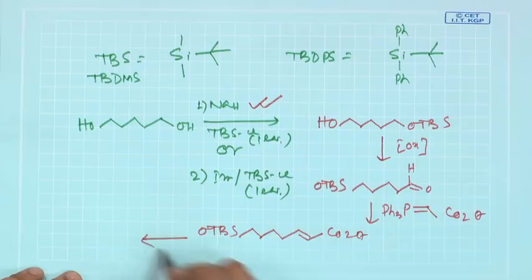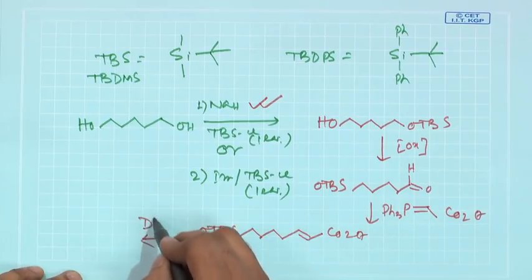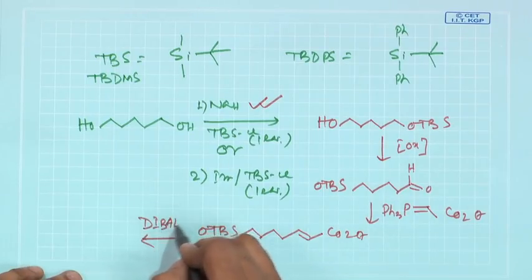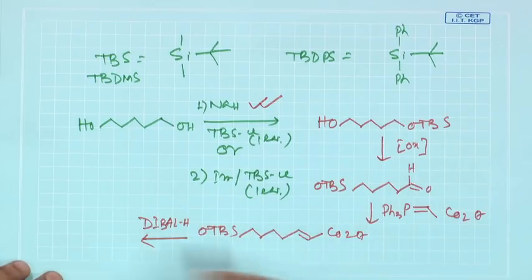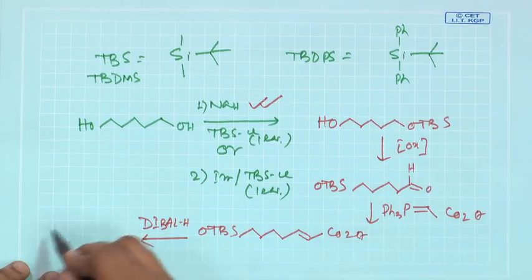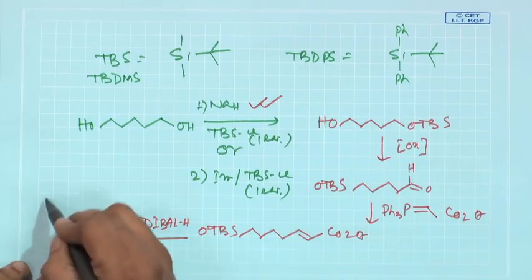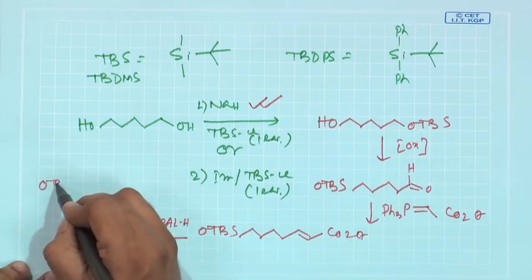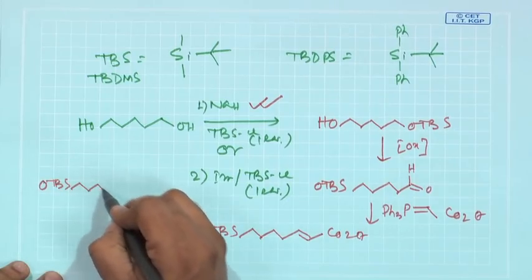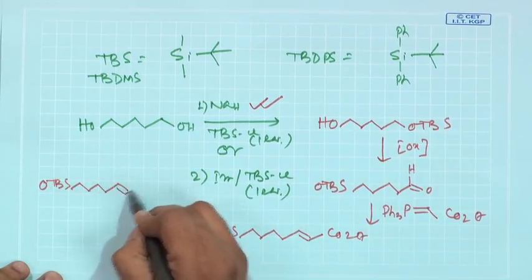Next, as I said, this can be easily reduced by a mild reducing agent, DIBAL, which won't touch the double bond, only reduces the corresponding ester, and basically you will get an allylic alcohol.